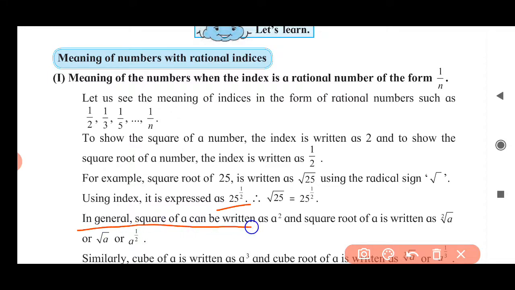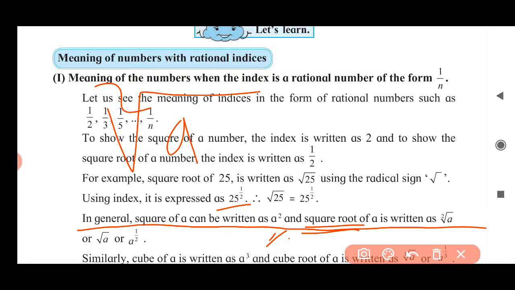In general, square of a can be written as a raised to 2, and square root of a is written as 2 square root under a, or square root a, or a raised to 1 upon 2. आता बघा या ठिकाणी इन जनरल स्क्वेअर कॅन बी रिटर्न ॲज ए रेज टू 2 ज्या पद्धतीने लिहिलं जातं. तर स्क्वेअर रूट कशा पद्धतीने लिहिलं जातं, स्क्वेअर रूट अंडर. तर ह्या ठिकाणी स्क्वेअर रूट सिम्बॉलमध्ये 2 लिहू शकतात, रेडिकल साईनच्या इथे 2 लिहू शकतात, किंवा a raised to 1 half.